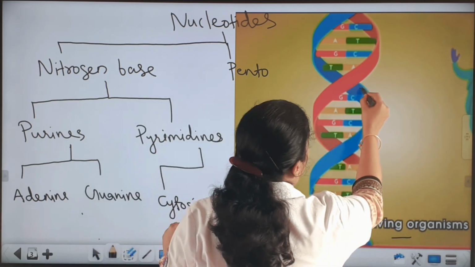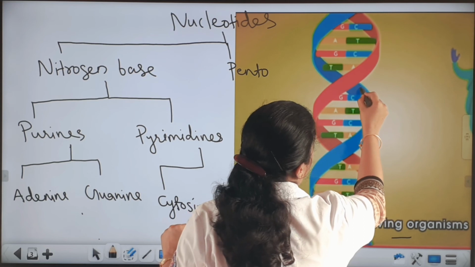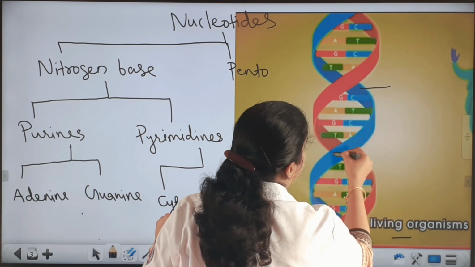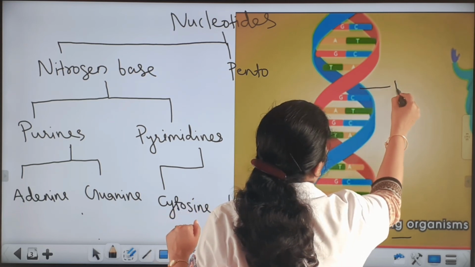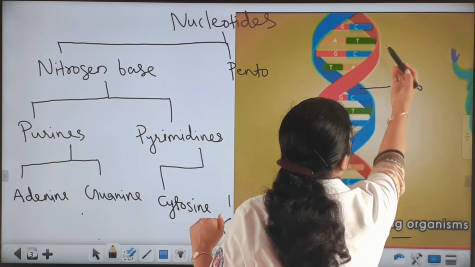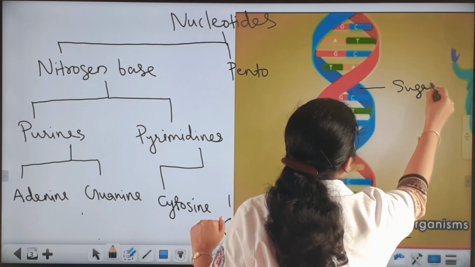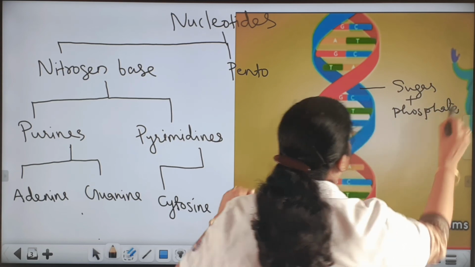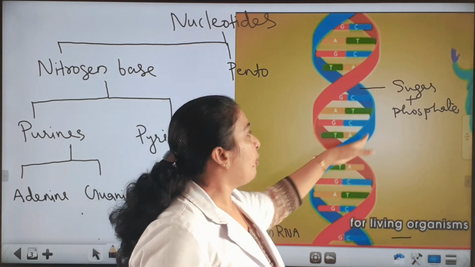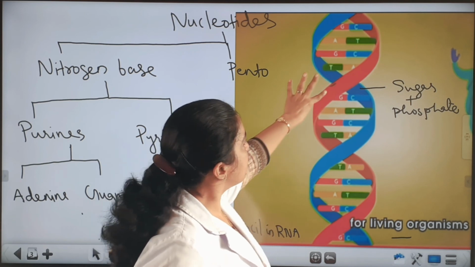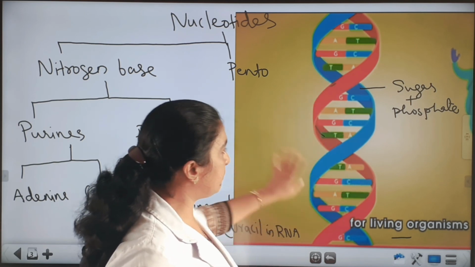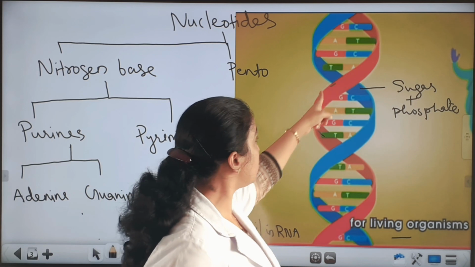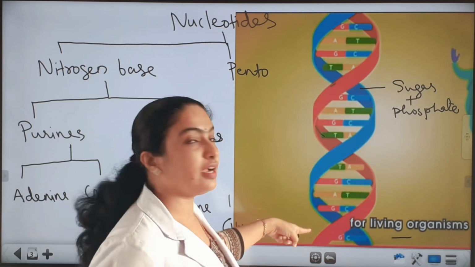In this blue polynucleotide, this area is the backbone which consists of pentose sugar and phosphate group, because it becomes the backbone. And here also this is the backbone of the next polynucleotide, formed of sugar and phosphate group.